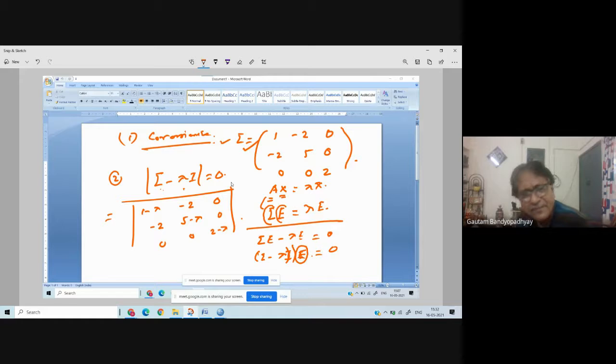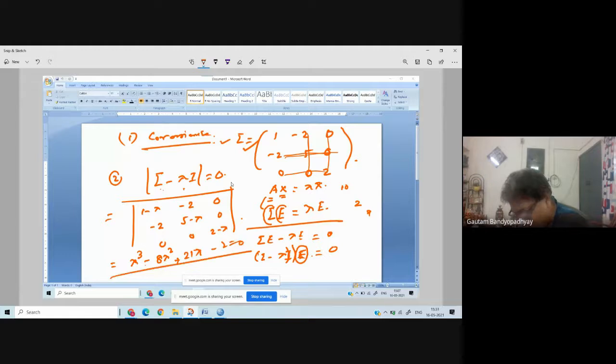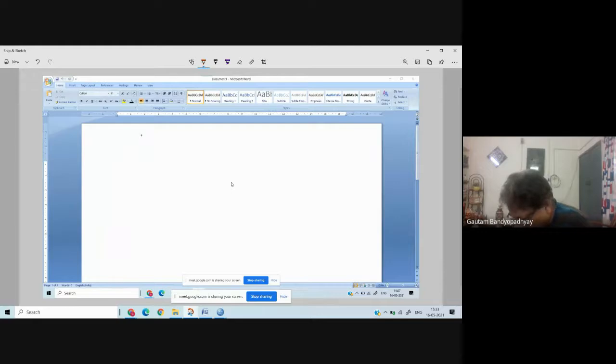This is 3 by 3, and easily we get a third degree polynomial, lambda cubed minus 8 lambda squared plus 21 lambda minus 18. I'm not going into detail on this part. Solving this third degree polynomial, we get the 3 values of lambda.